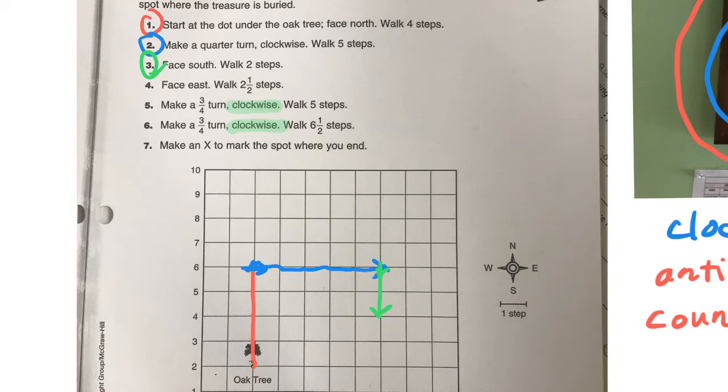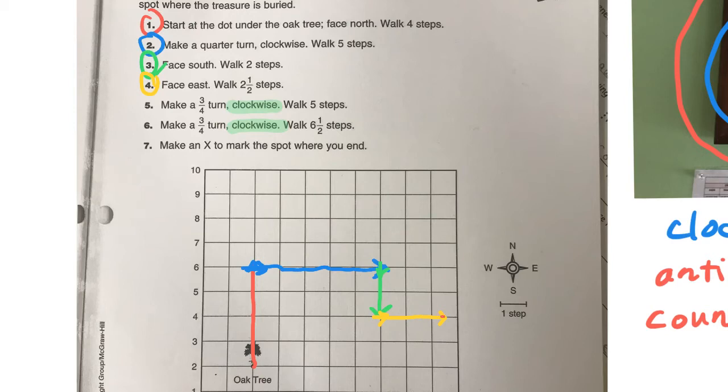Now they're just telling us to face east. So here we are. We're now going to face east, and we're taking 2.5 steps. 1, 2, right in the middle there. 2.5 steps. That was step 4. Step 5. Make a 3/4 turn clockwise.